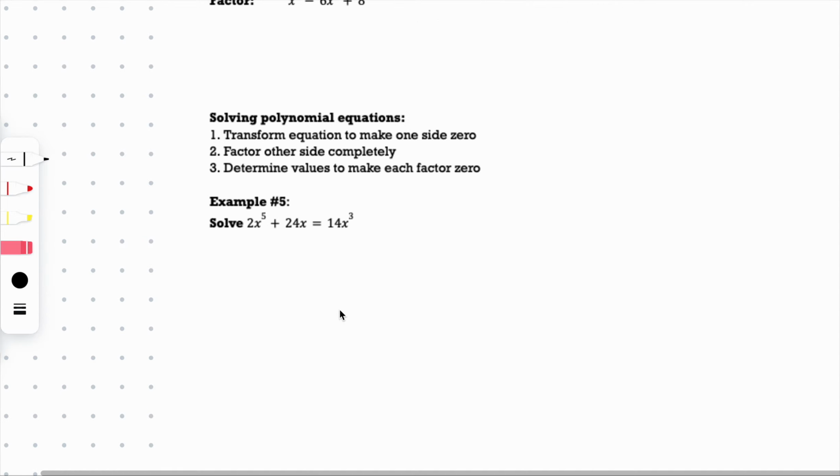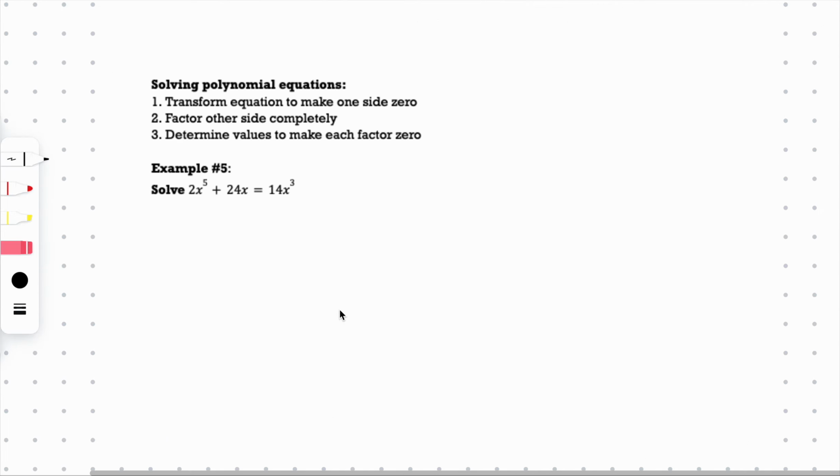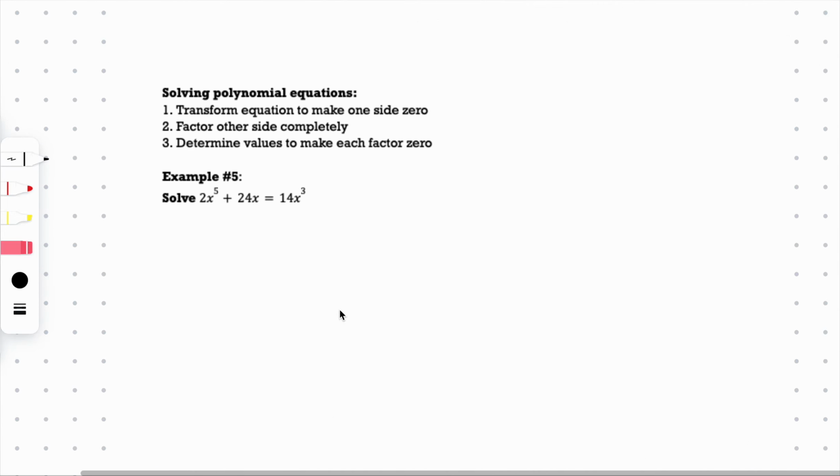Now let's move on to example 5. This is going to be our last example. Okay, so we want to solve this. First thing we want to do is get everything to the left side.